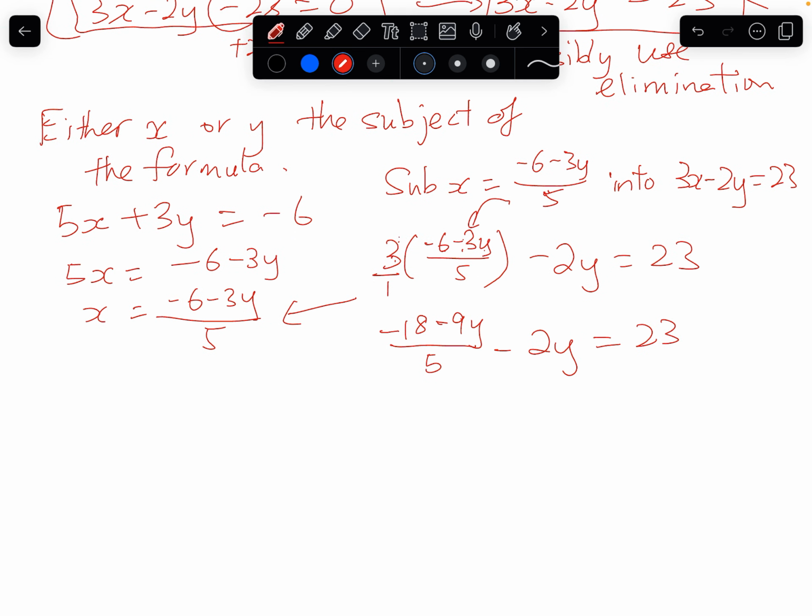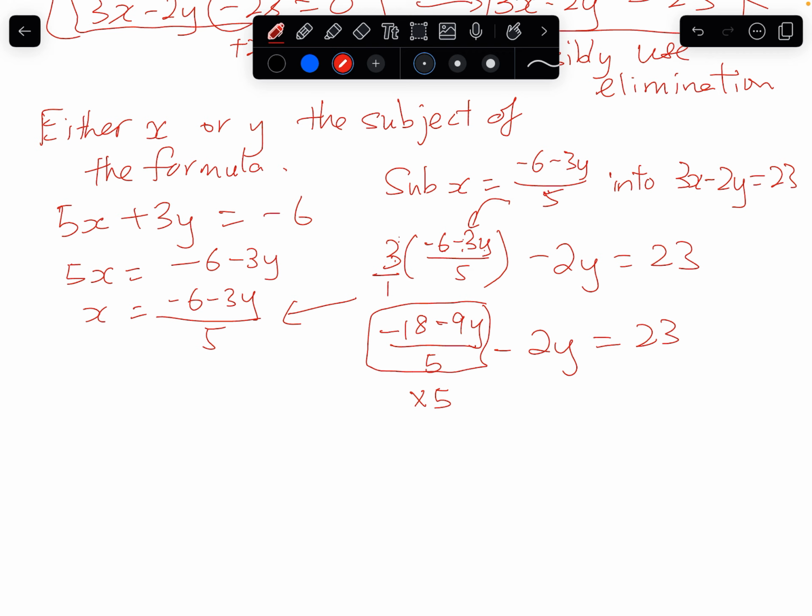Now, if we have a fraction in the equation, it is advisable to try to remove or eliminate the fraction. And there's one very nice technique we could use, which is to multiply the fraction by the denominator, which is multiplying this by 5. Okay? By doing that, the denominator will be gone.